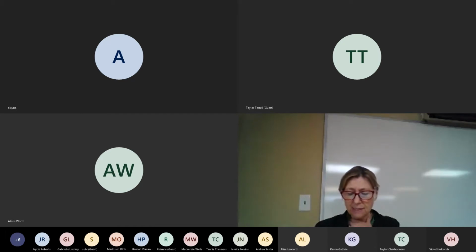The international system puts a 1 in front of it if it's in quadrant 1, and then the tooth number after that. So the upper right canine would be 1, 3. The upper right second premolar would be 1, 5. If it was on the left side, it would be 2 and then 1 through 8. Down here, it would be 3 and then 1 through 8. And down here, it would be 4 and then 1 through 8.